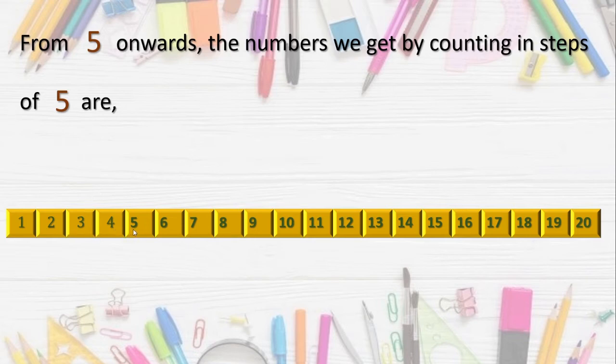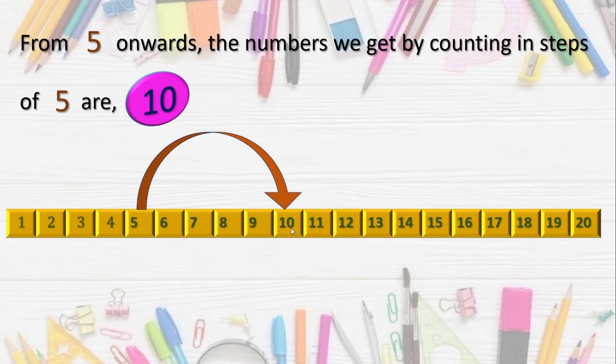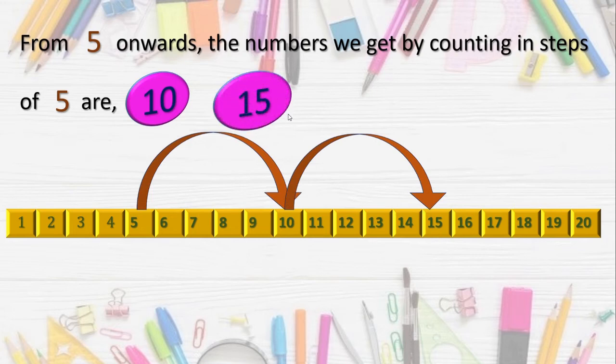See here from 5. After 5 numbers means we get 10. Correct? 6, 7, 8, 9, 10. These are 5 numbers. Right? So we'll write 10 here. Now we are at number 10. Here we are going to jump in steps of 5. Means we will reach 15. Isn't it? Yes, we will write 15.